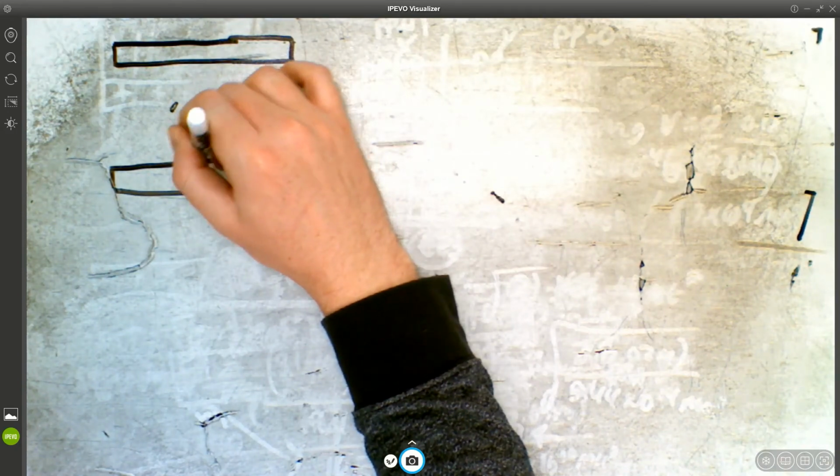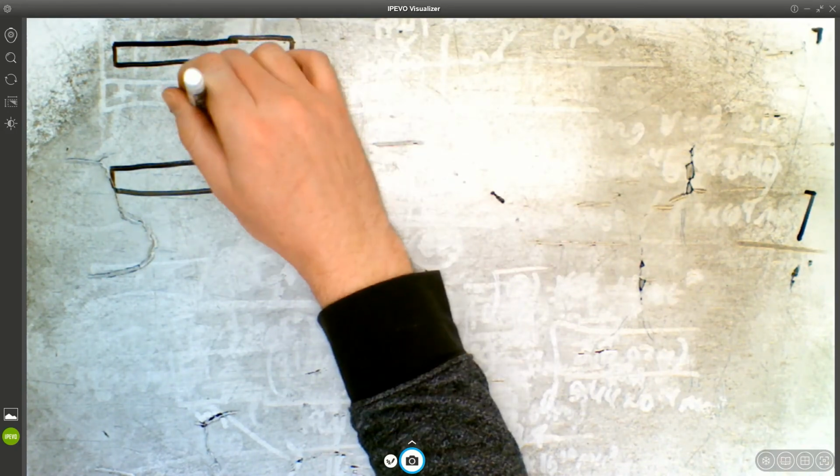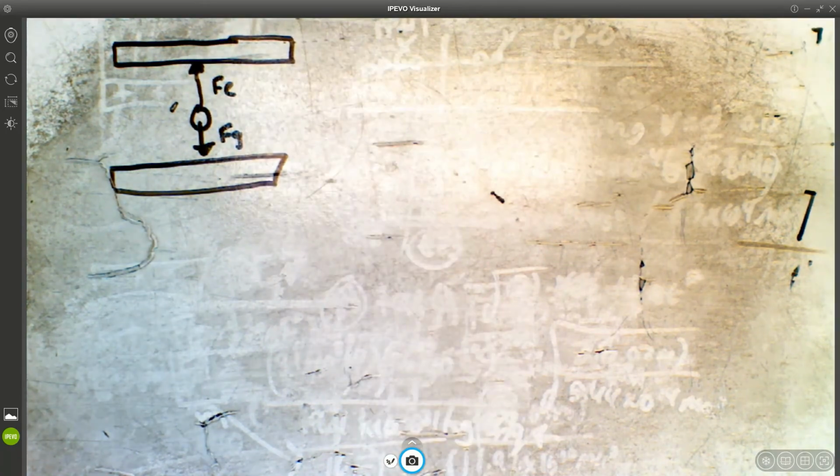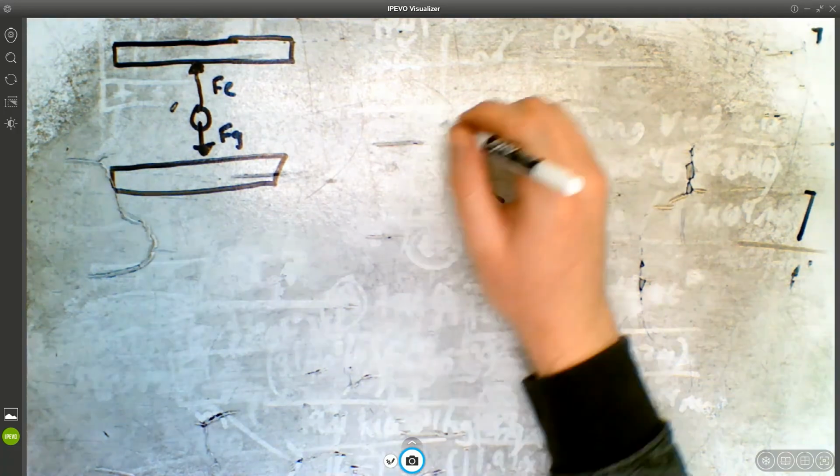So that means that we have force of gravity, so there's a bigger force electric in between there. And that's all it really tells us.